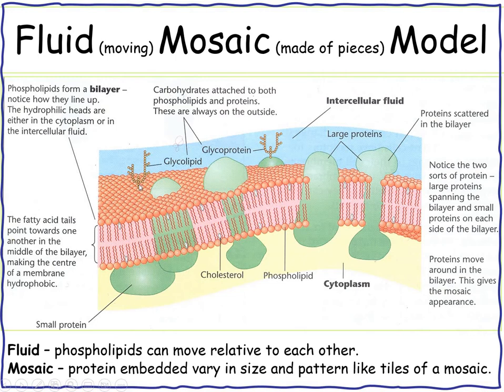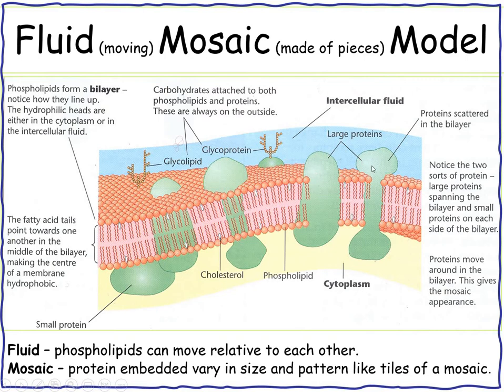Sometimes you've got some carbohydrates which are attached to a phospholipid, and they are called glycolipids. Glyco is from the carbohydrate, attached to a lipid, and then a glycoprotein is a carbohydrate attached to a protein.